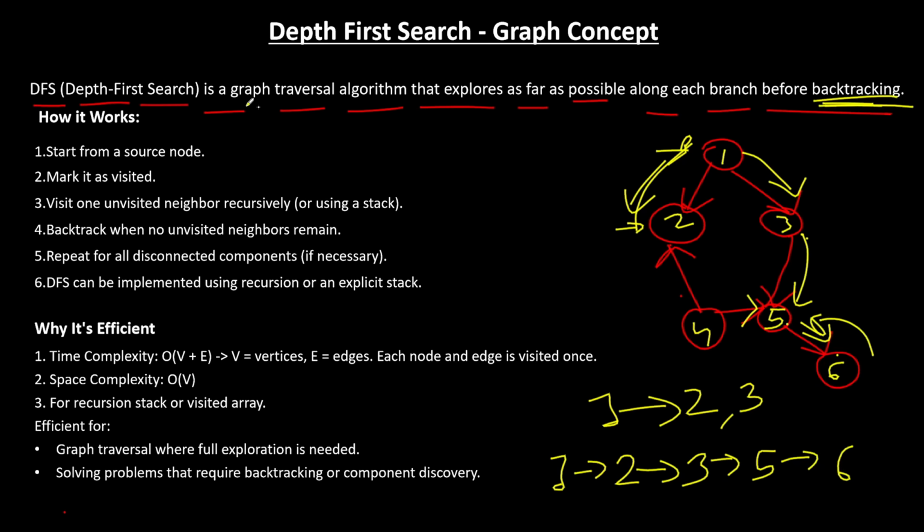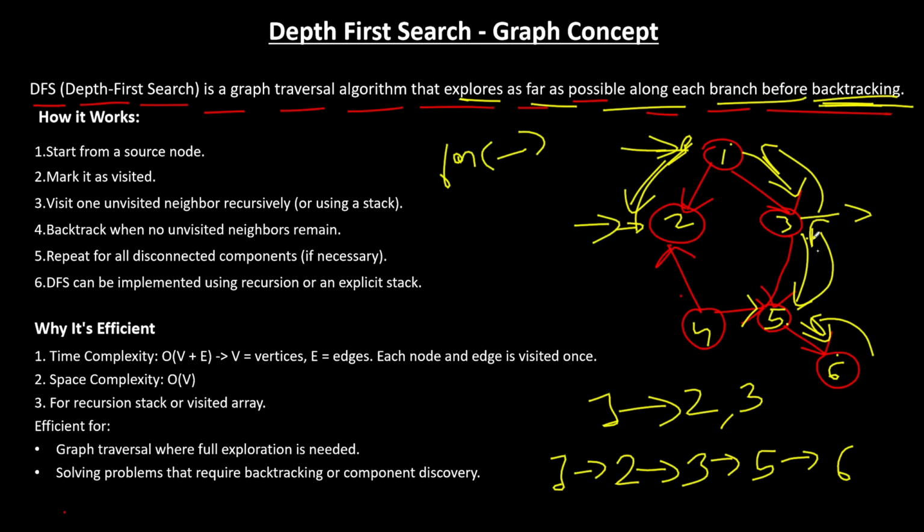Okay. And as you could see, it explores as far as possible along each branch. Basically going to the depth. So we went to the depth, then you came back, backtracking. After that, you could see that you cannot access four. Right? So what you usually do, if you remember, is draw a for loop to go to each and every node. One was visited, two was visited, three was visited, five was visited, six was visited.